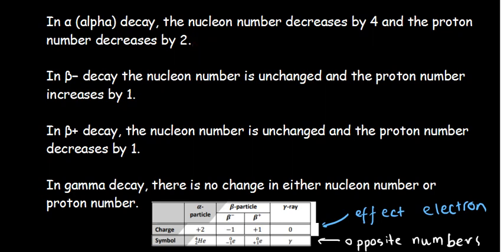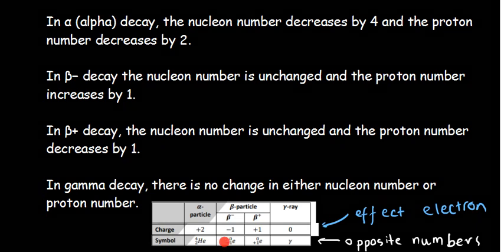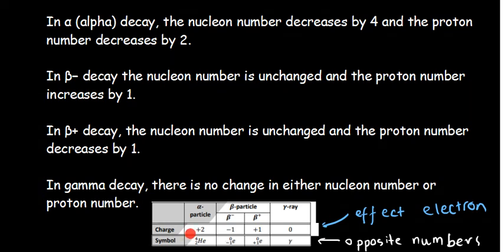If you look at the symbol in the nuclide here, you can see the top nucleon number is 4 and the bottom proton number is 2. When the number becomes negative, the nucleon number will decrease by 4 and the proton number will decrease by 2.